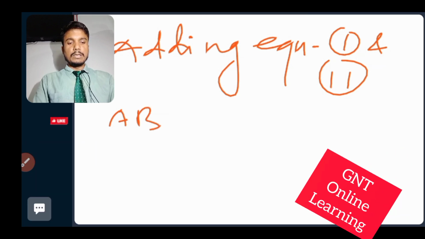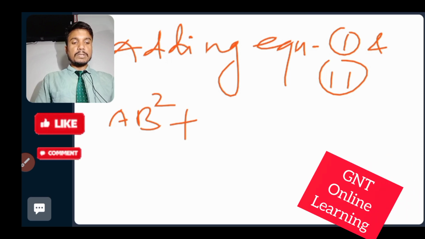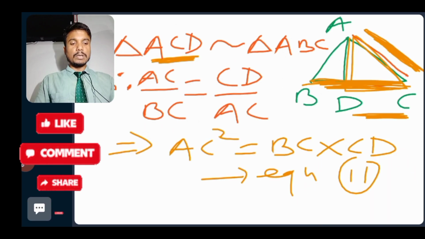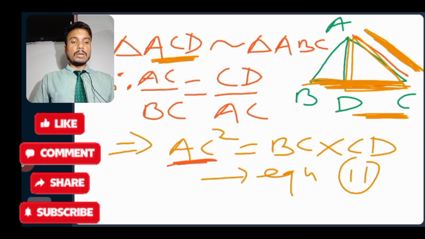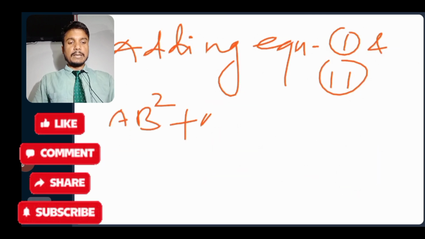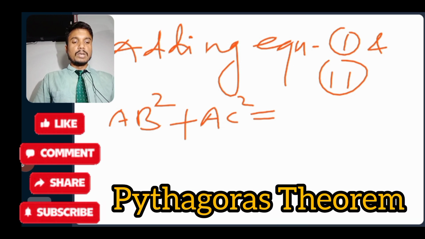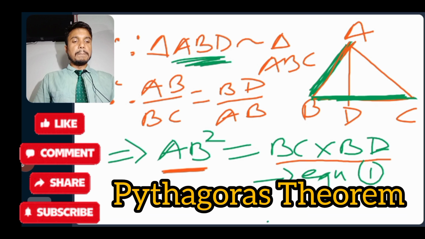We have got AB square plus, in equation 2, we have got AC square. So let me write this AC square here. AB square plus AC square is equal to, now in the RHS part of equation 1, I have got BC into BD.